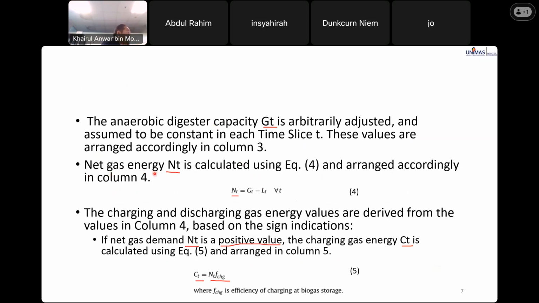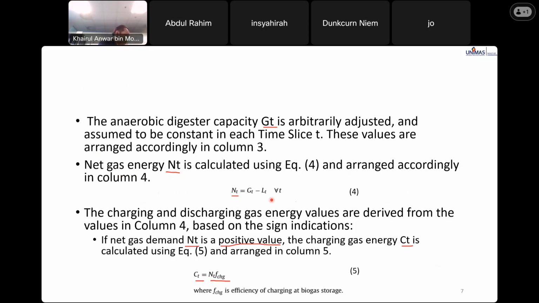Net gas energy, NT. I'm referring to table 5, page 109. So the fourth column. The net gas NT is calculated using equation 4 and arranged accordingly in column 4. So NT is GT minus LT.